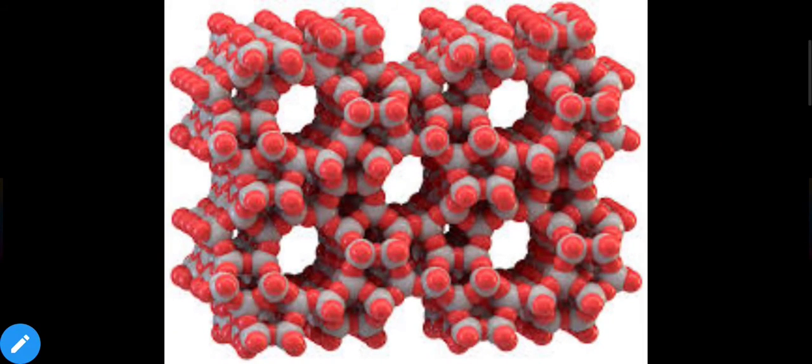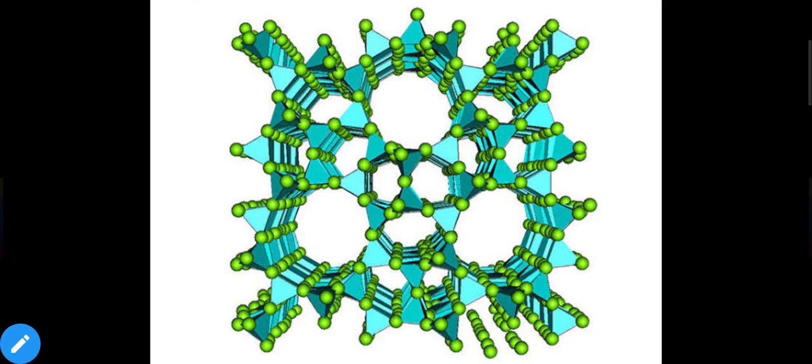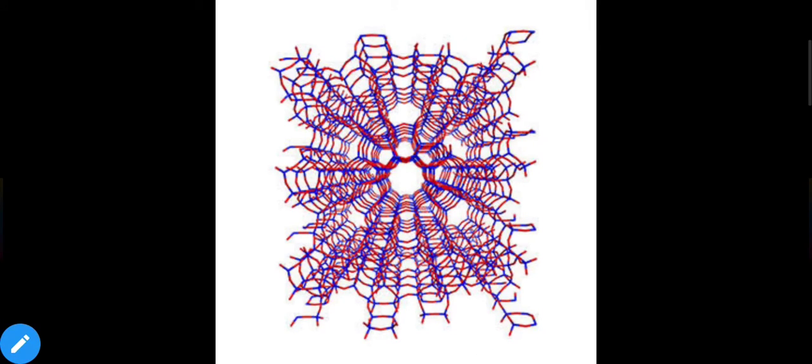Here are a few different representations of such zeolites. Depending on the amount of aluminum, the size of pores varies, and different pore sizes give different types of products.